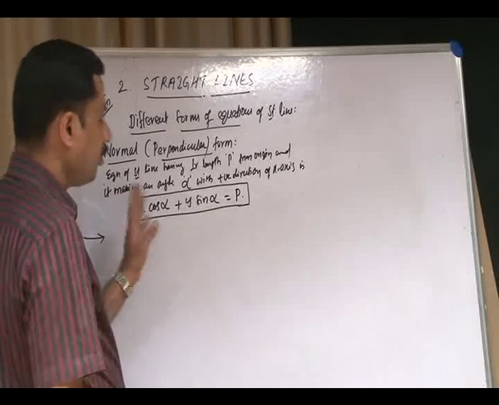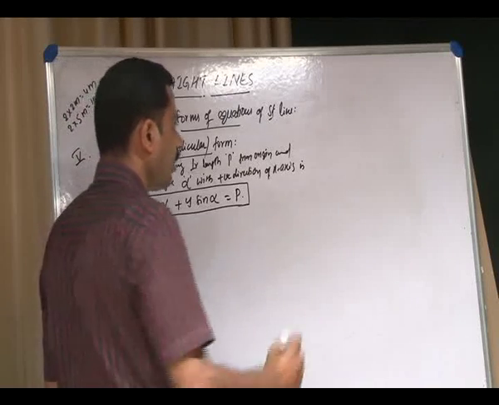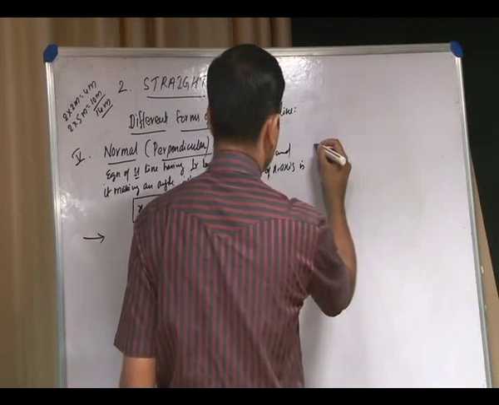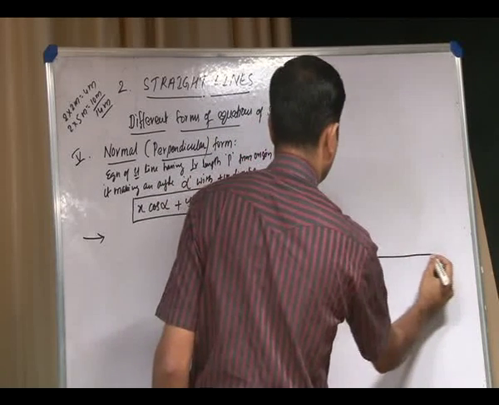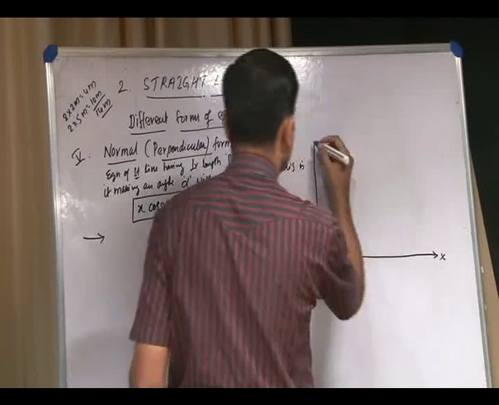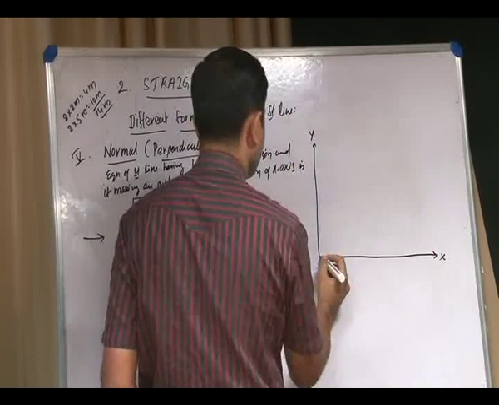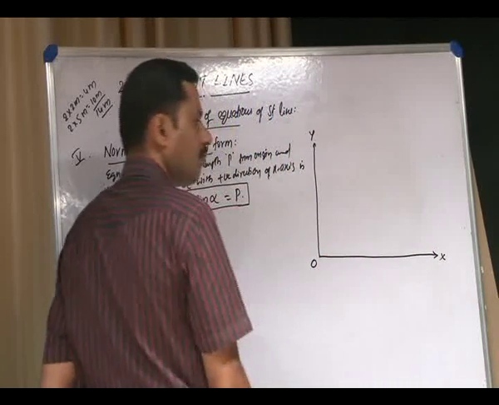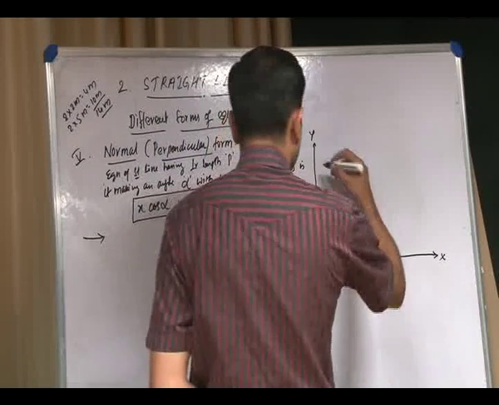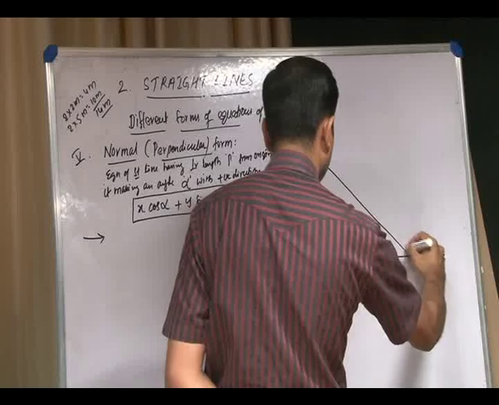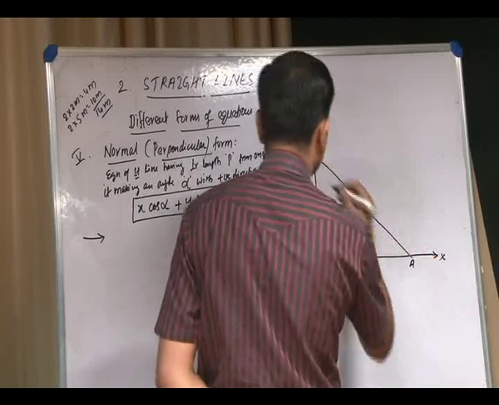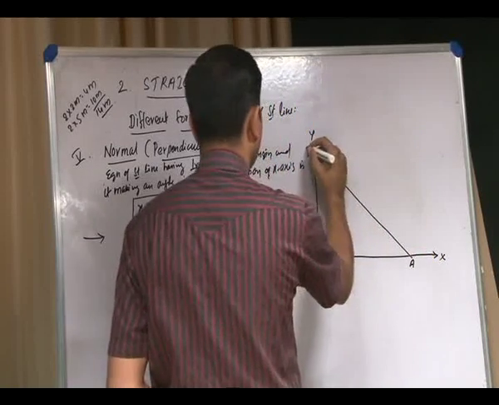To prove this equation, once again we will consider a figure like this. X axis, y axis, and this is origin. Consider a straight line AB. AB is a straight line.